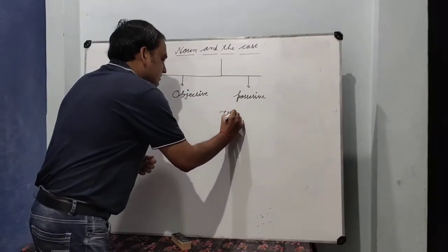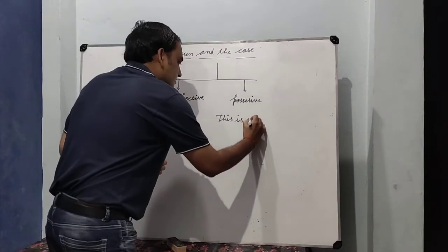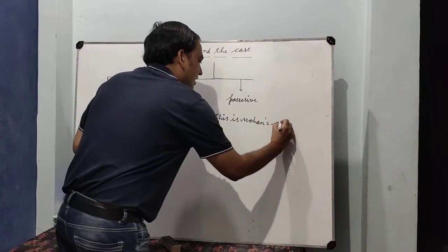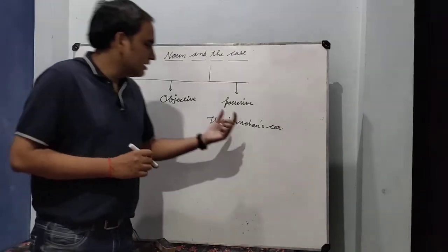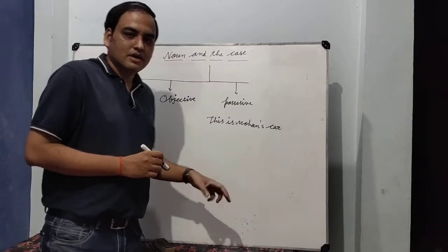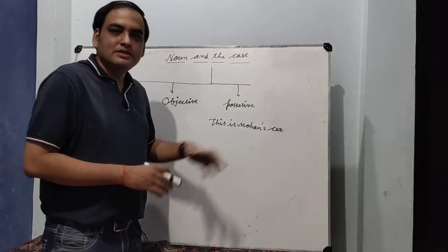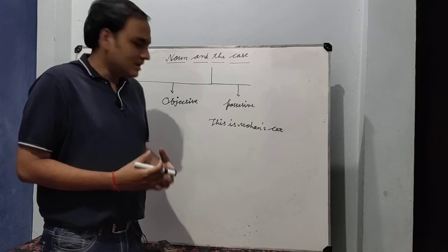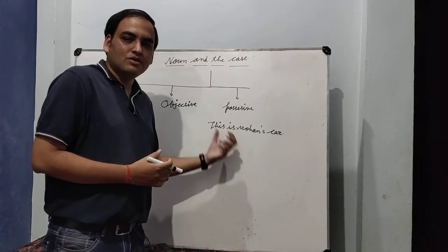This is Mohan's car. Okay, here we are talking about a car that belongs to Mohan. You may see that here there is an apostrophe. This apostrophe shows the possession, the possession of the car that belongs to Mohan.